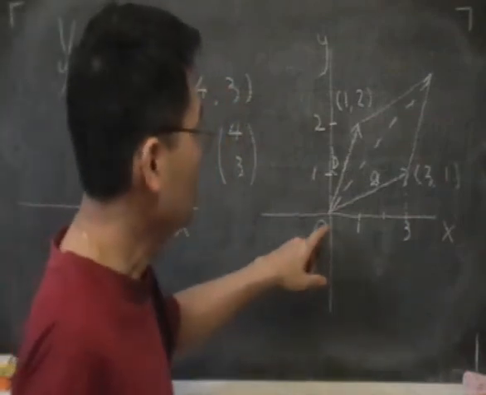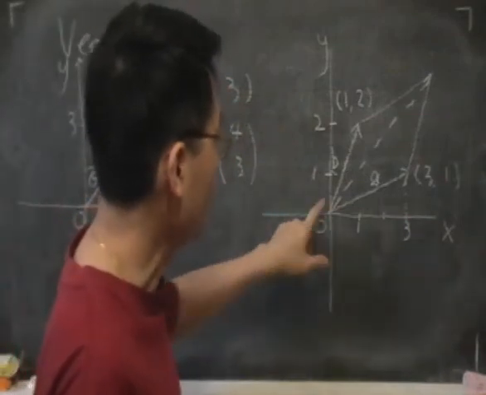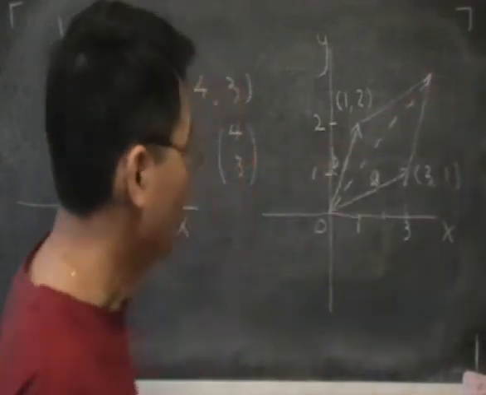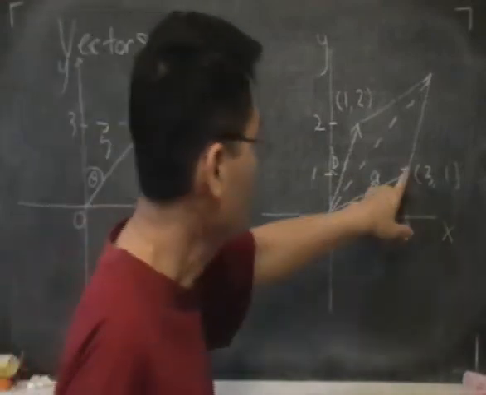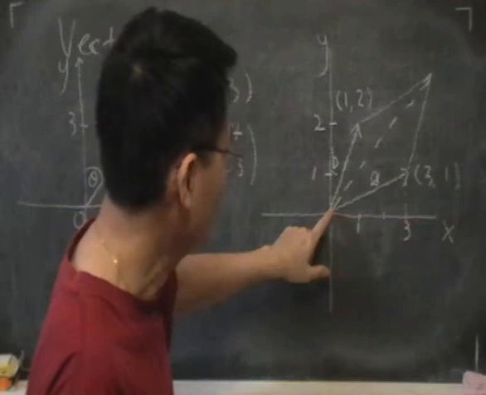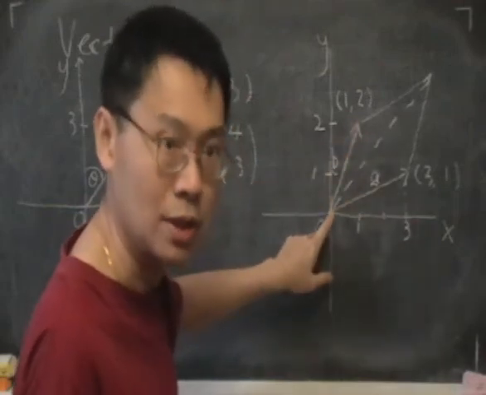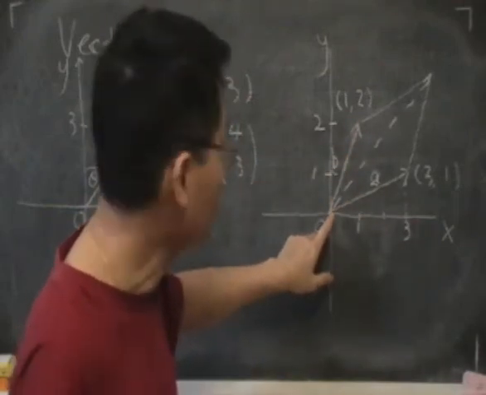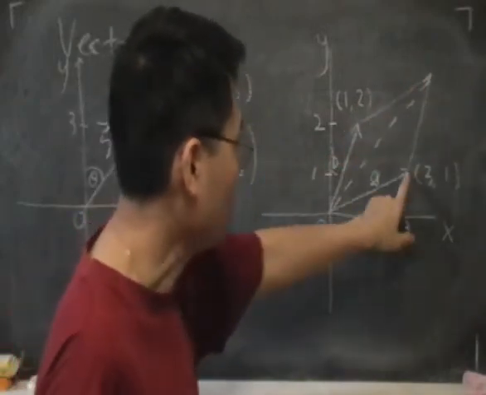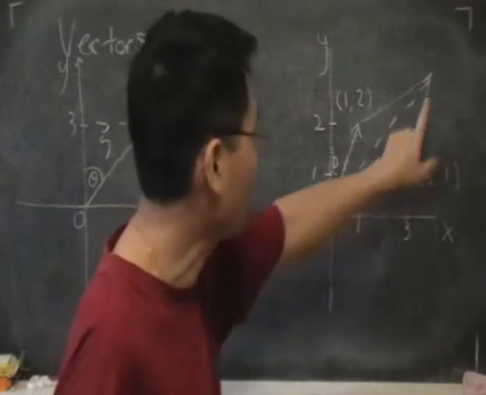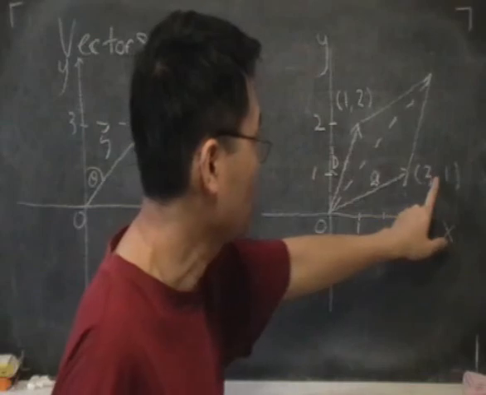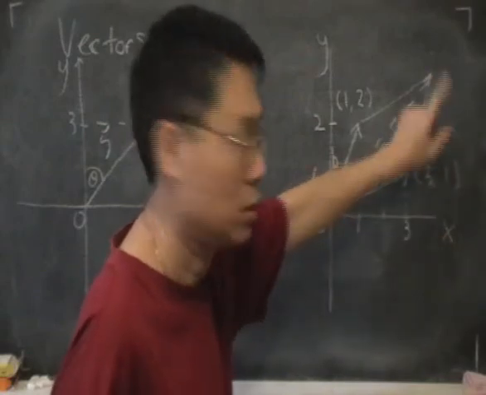Right. So how can I then get to that point, which is the answer that we want? Well, because this line is really the same as that line, same meaning, same length and same direction, they're parallel. Now I can imagine starting from that point and going to that point by moving 1 unit to the right and 2 units up.